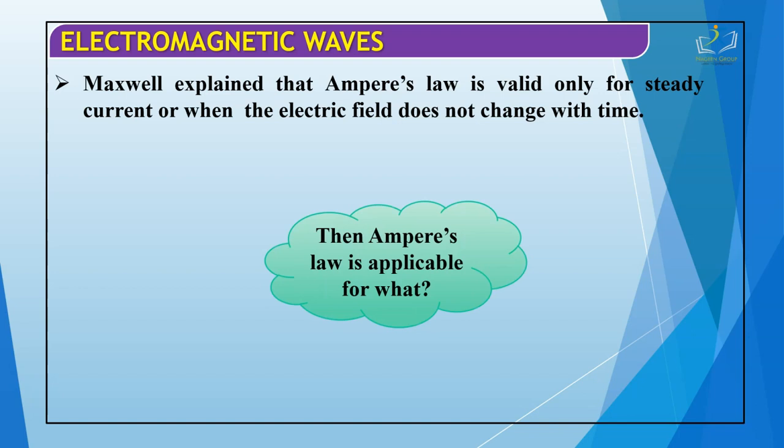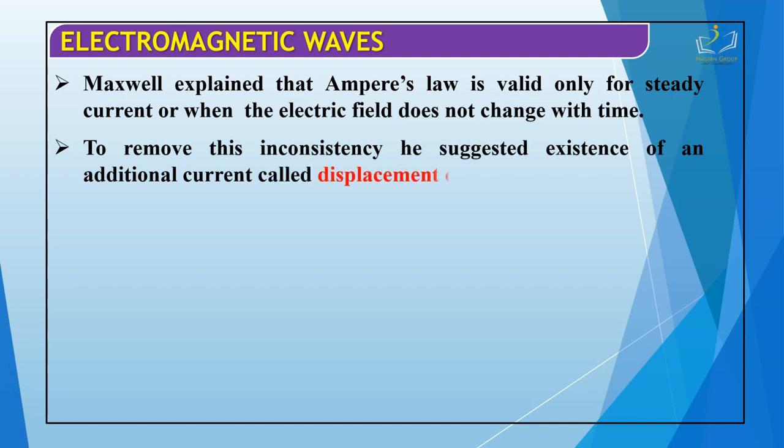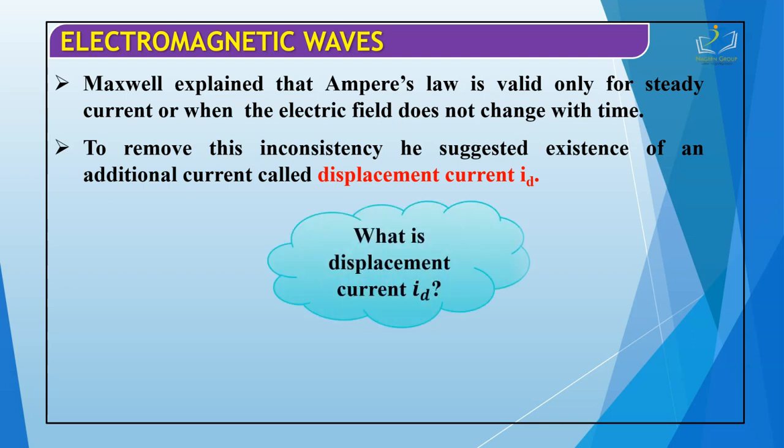Then Ampere's law is applicable for what? To remove this inconsistency, he suggested the existence of an additional current, that is called displacement current, I_D.